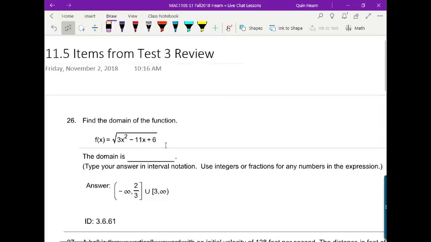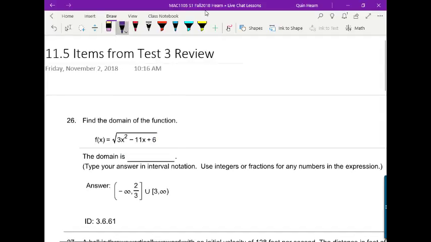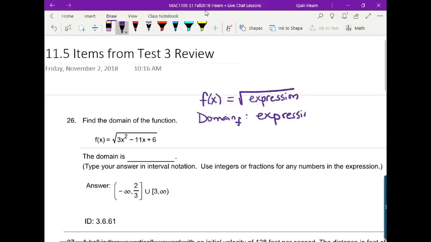All right, so this combines 2 concepts which we have discussed in class. One, when you have a function of the form f of x equals the square root of some expression, to find its domain, the domain of f, we need to determine for what values of x the expression under the radical, the radicand, is greater than or equal to 0.